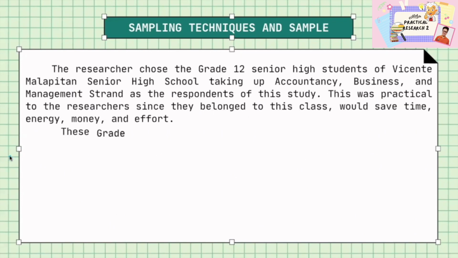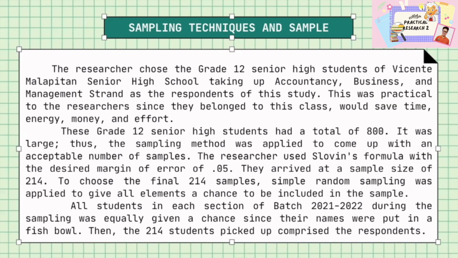I'm so sorry. So this is an example of how we can write the sampling techniques and sample or respondents of the study section of the methods section, or parts of a research paper.